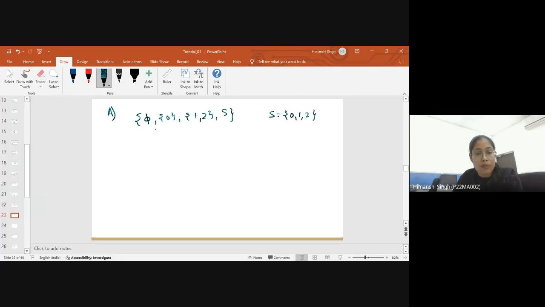Phi complement is S, which is in F. 0 complement is 1 comma 2, which is again in F. S complement is phi, and 1 comma 2 complement is 0, both in F. So it is closed under complementation.